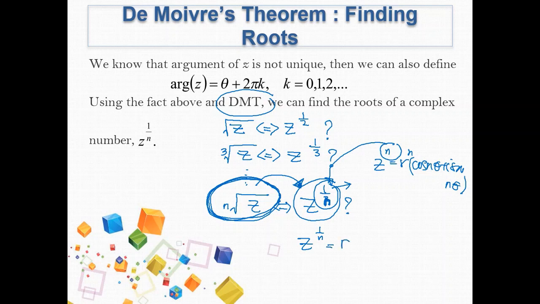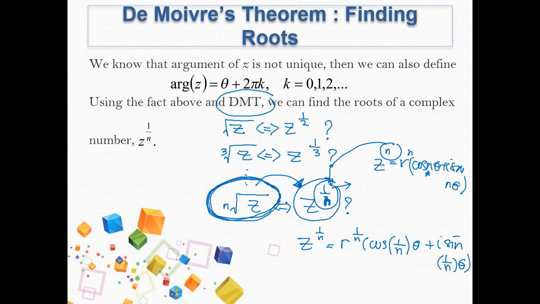So r to the power of n, if your n changes to 1 over n, it will also change to 1 over n. Just now when your z is to the power of n, you multiply your theta with n. Now because your n has changed to 1 over n, you multiply with 1 over n. Plus i sin, 1 over n multiplied by theta.